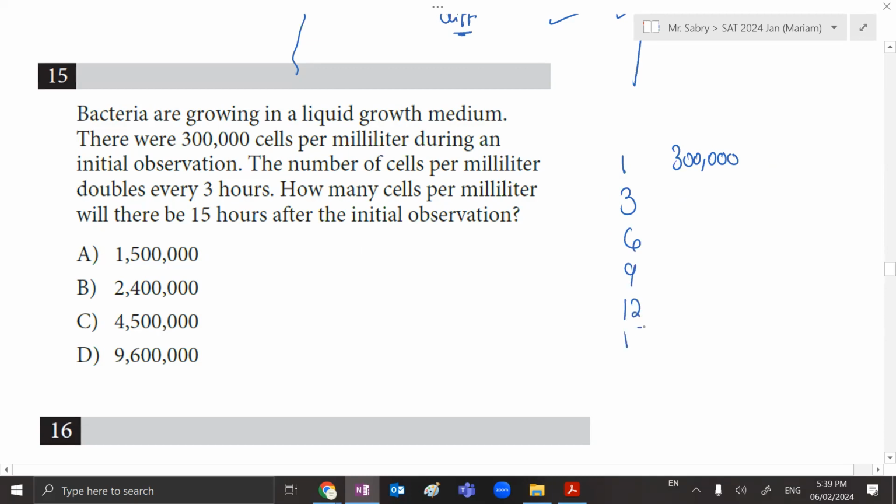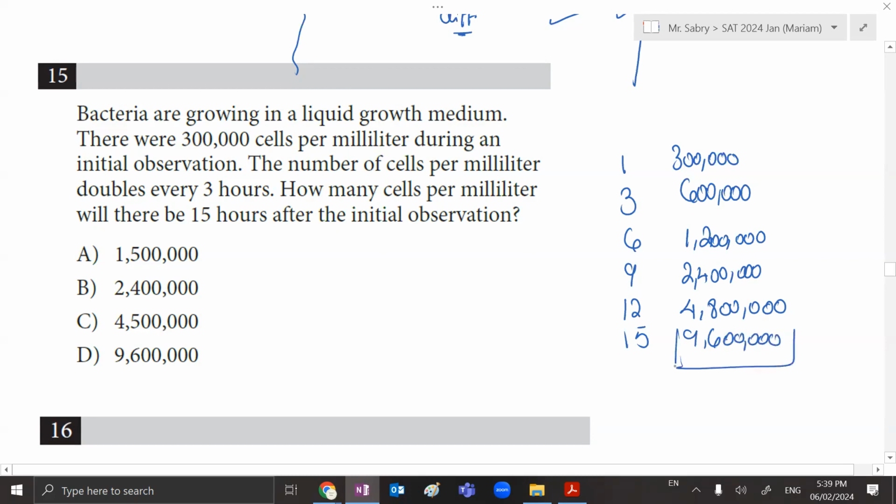And then we keep multiplying the 300,000 times 2. Yes. Okay. Right or not? It just takes some time. So that would be the answer.